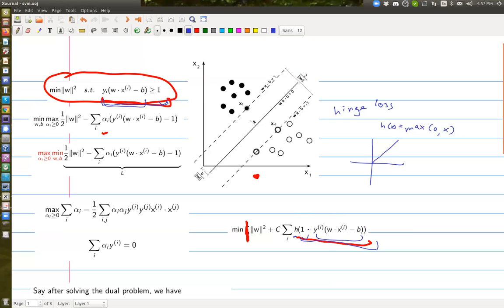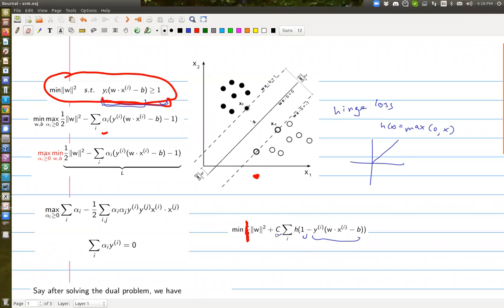That's exactly what we expected. On the other hand, if the condition is violated, meaning this one is less than 1, then I will get some additional loss, weighted by C. C is a parameter we can modify, some kind of hyperparameter in this case.